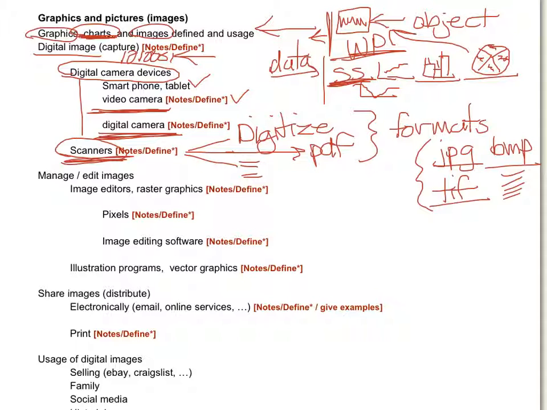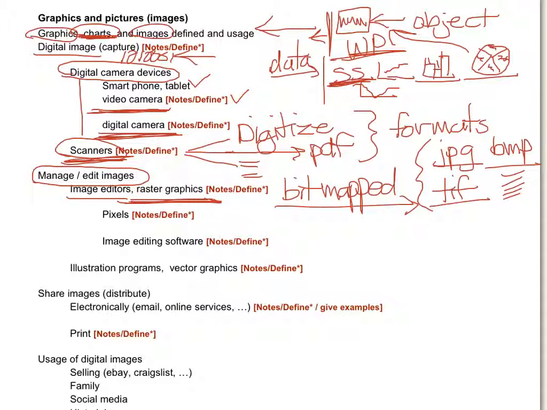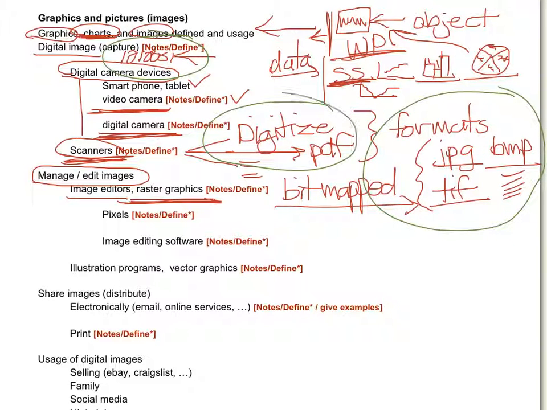How do we manage digital images? Well, we can use image editors, and the first ones we talk about are raster graphics. Raster graphics are bit mapped. They use bits to represent them, the same thing we have been talking about with all of this digitizing.